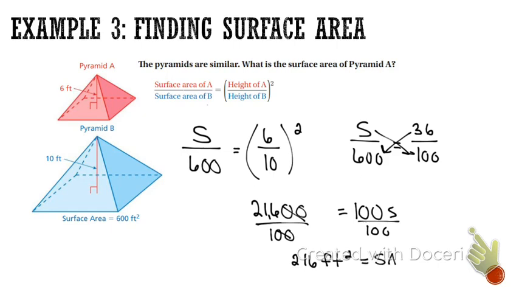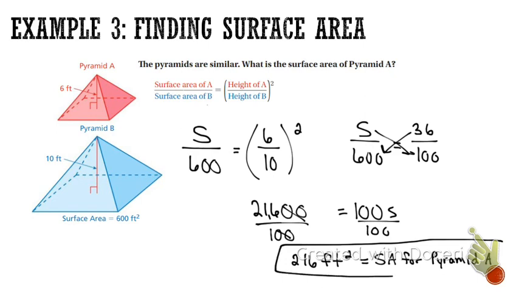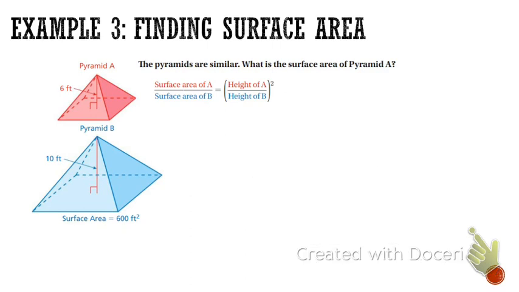You could say SA, all right, for pyramid A. We don't have to get too specific on all of these labels, but we're just writing that out so we can really clearly say this is the surface area for pyramid A. And we can do all this using proportions, just like we did here.